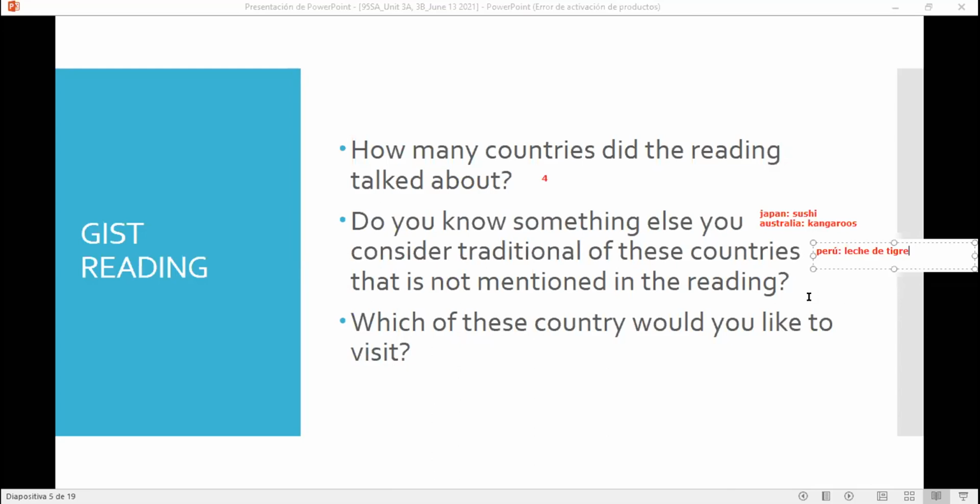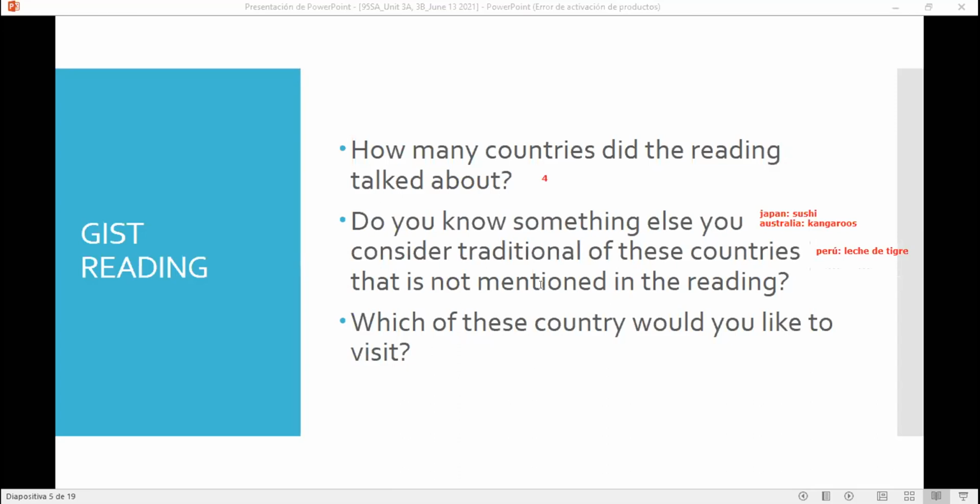En Japón, el sushi, el ramen, los animes, los templos, ¿no? In Australia, we have the kangaroos. You have some iconic places like Sydney and so on. In Peru, we have dishes such as ceviche, la leche de tigre, and places such as Machu Picchu, where you can go and do some sightseeing.